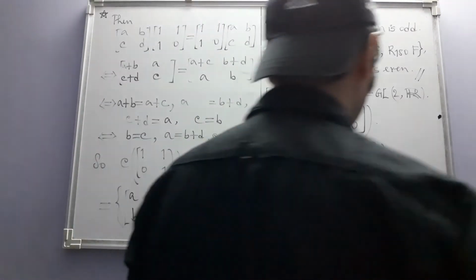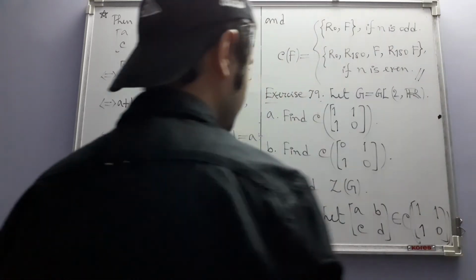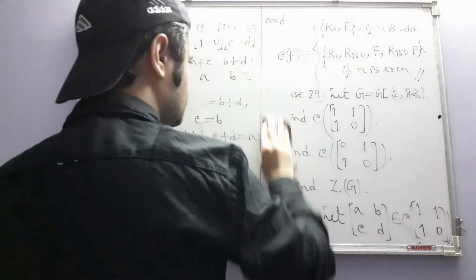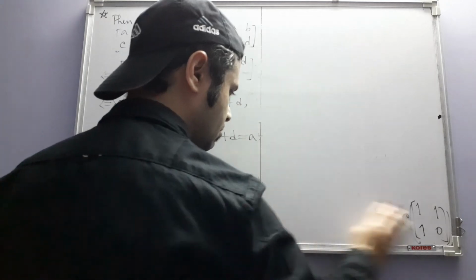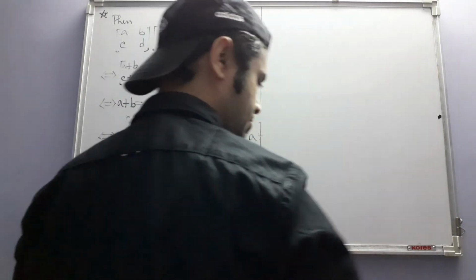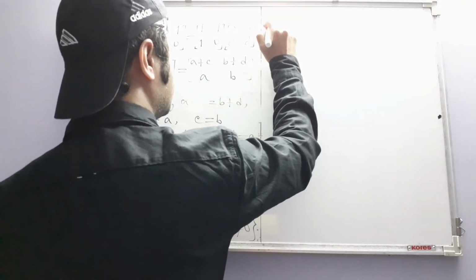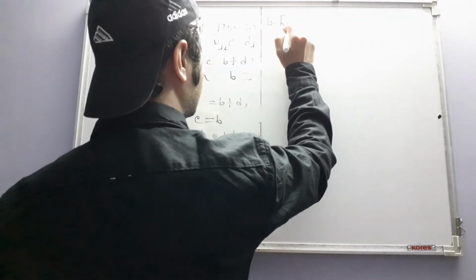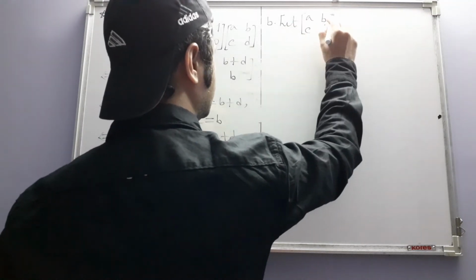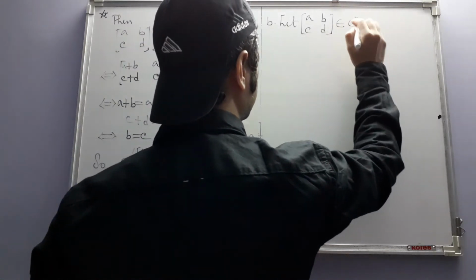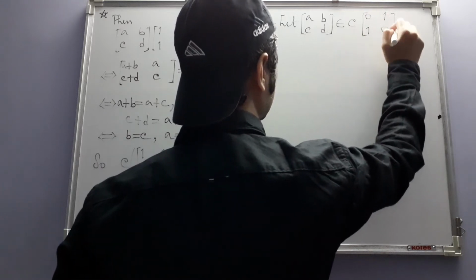Yeah, now it's okay. Have I taken the second one down correctly? Yes. So this is A, then B. Let again A, B, C, D belong to G, now this time our matrix is this.